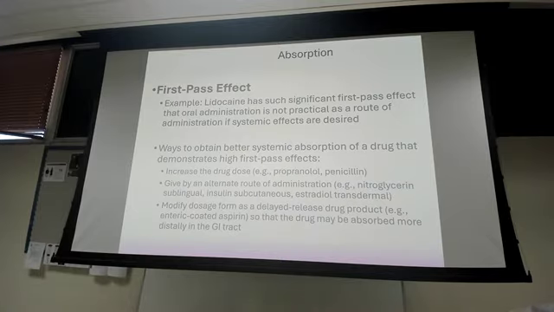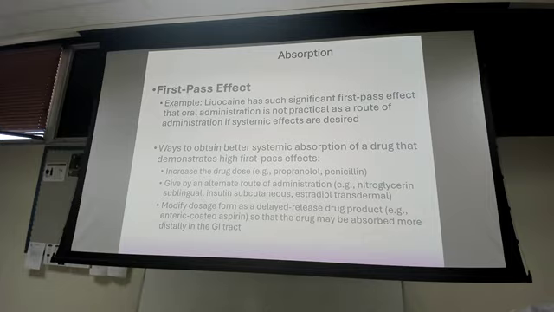Okay, so when you're looking at this, a good example is lidocaine. How many people have seen lidocaine patches? Big patch, you cut it and put it on your different sites. The reason we have it as a patch and not as an oral drug is because of the amount of first pass that it goes through.